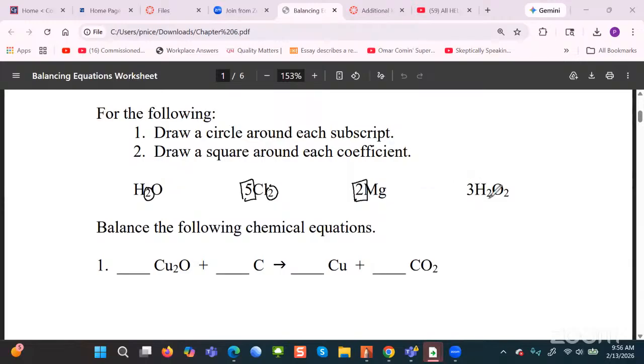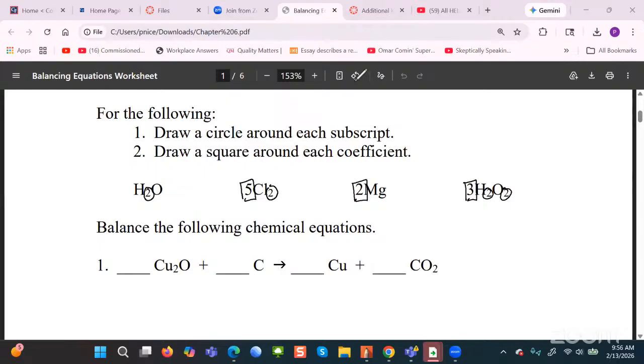And in the case of the hydrogen peroxide, I'll put a square here and put two circles around, one around each of the subscripts for hydrogen and oxygen. And that's basically what this question is asking for. All right? Okay, any questions about that? Any questions?